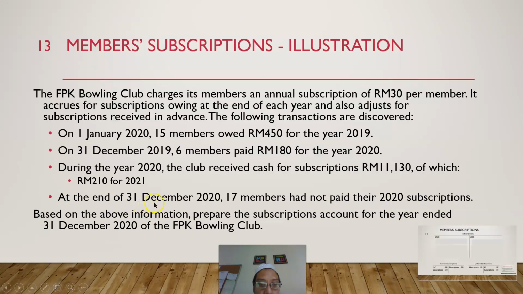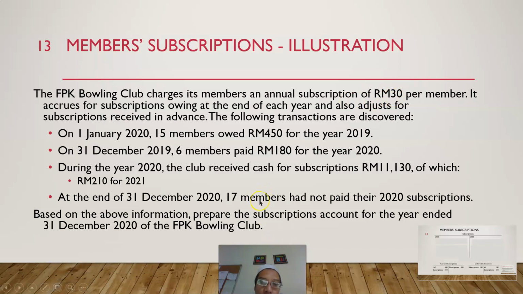At the end of 31st December 2020, it was found that 17 members had not paid their 2020 subscription. So by the end of the year, 17 people have not paid their 2020 subscription. So 17 members times 30 ringgit per member, that is 510 ringgit.